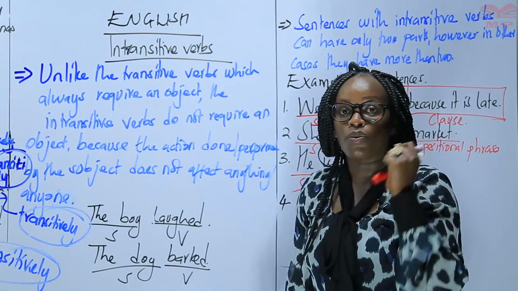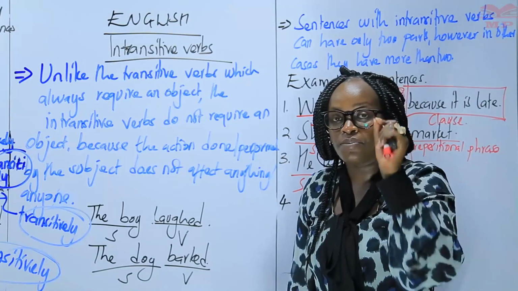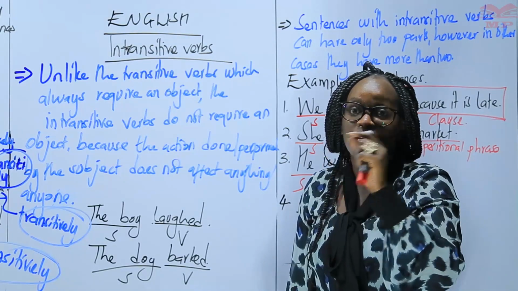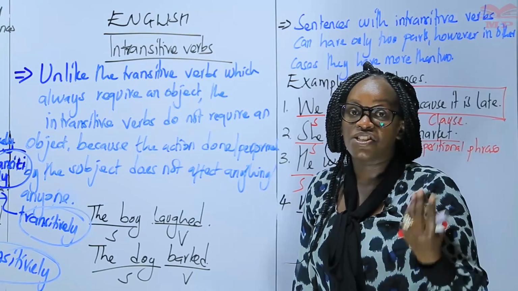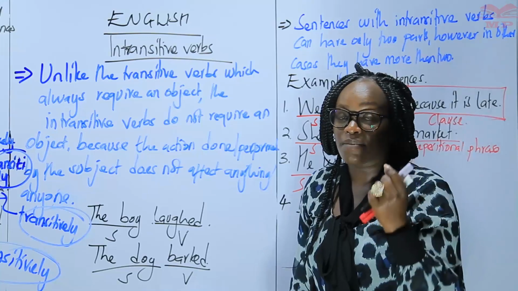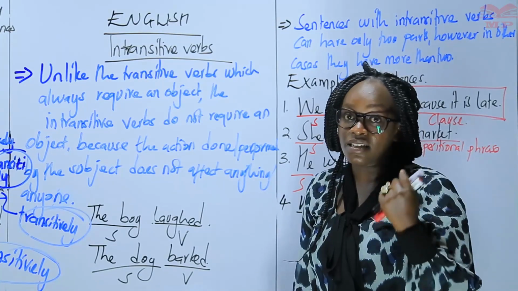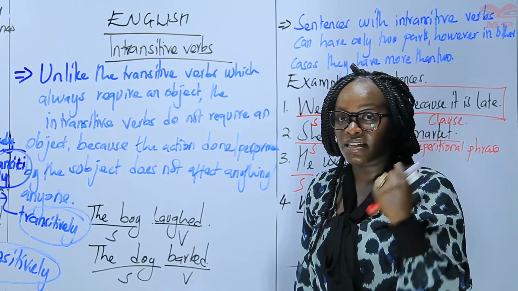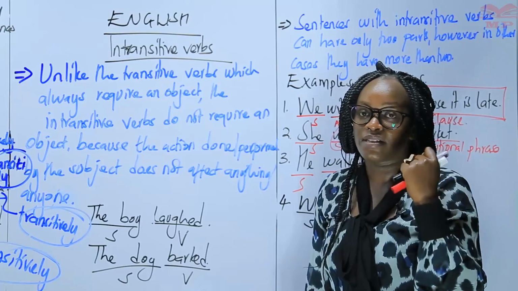Because remember, with the passive voice, the thing that was the object in the active voice becomes the subject. Therefore, if we have no object, we cannot change a sentence. So that is another criterion that you can use to identify intransitive verbs: sentences that have intransitive verbs cannot be changed to the passive voice.